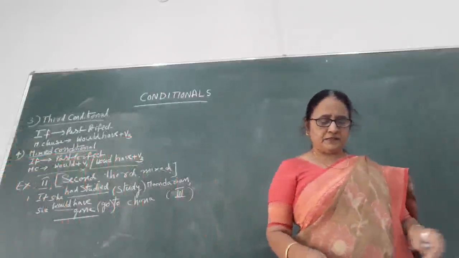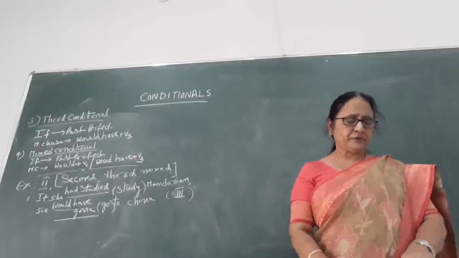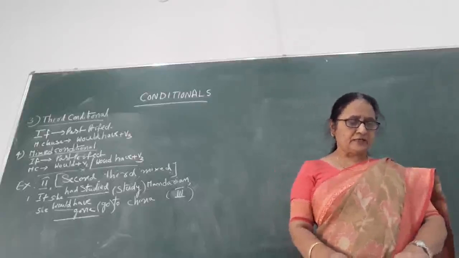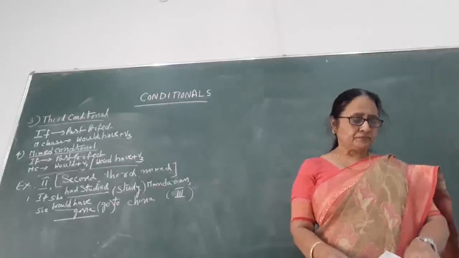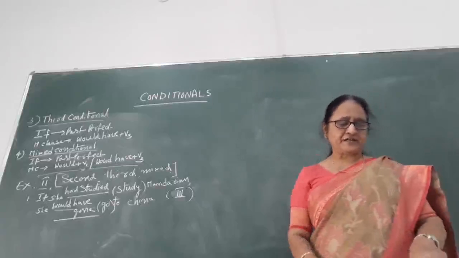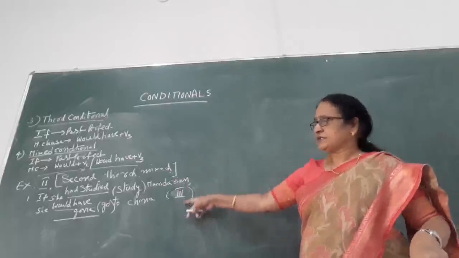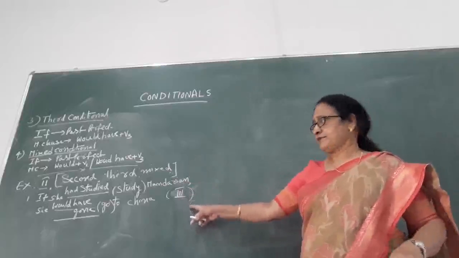Here again I am saying, the answer is given in your textbook itself: If she had studied Mandarin, she would have gone. So that you will understand clearly, I have written the example on the board as well.